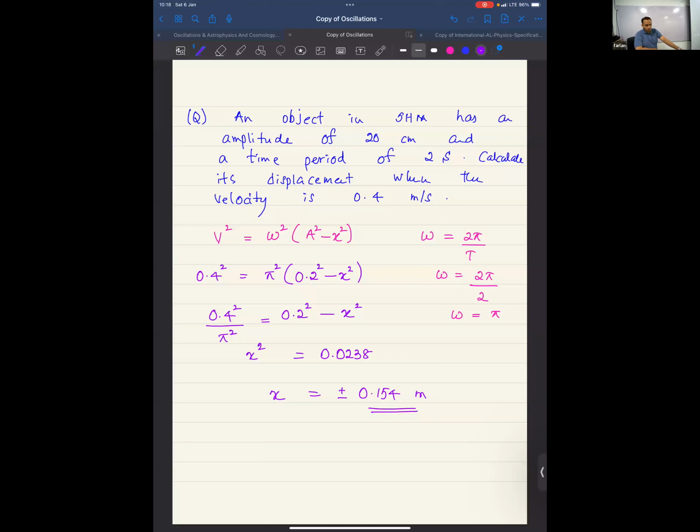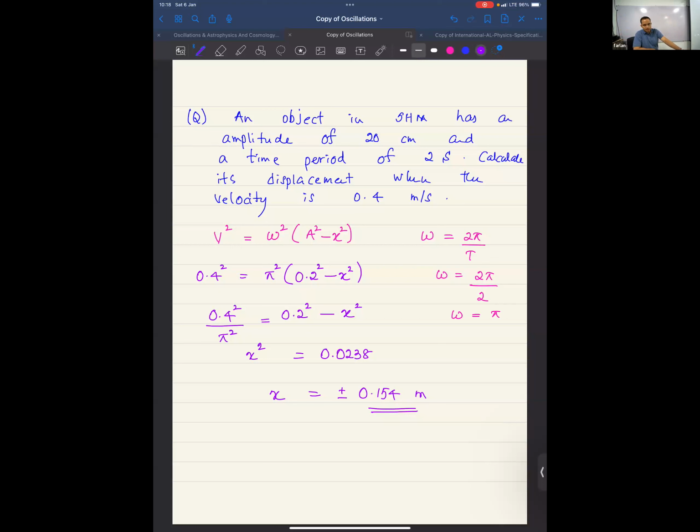When you take the square root, you can take both plus or minus. There are two displacement values. From the equilibrium point, there are two points at which it will have the same velocity, 0.4 meters per second.